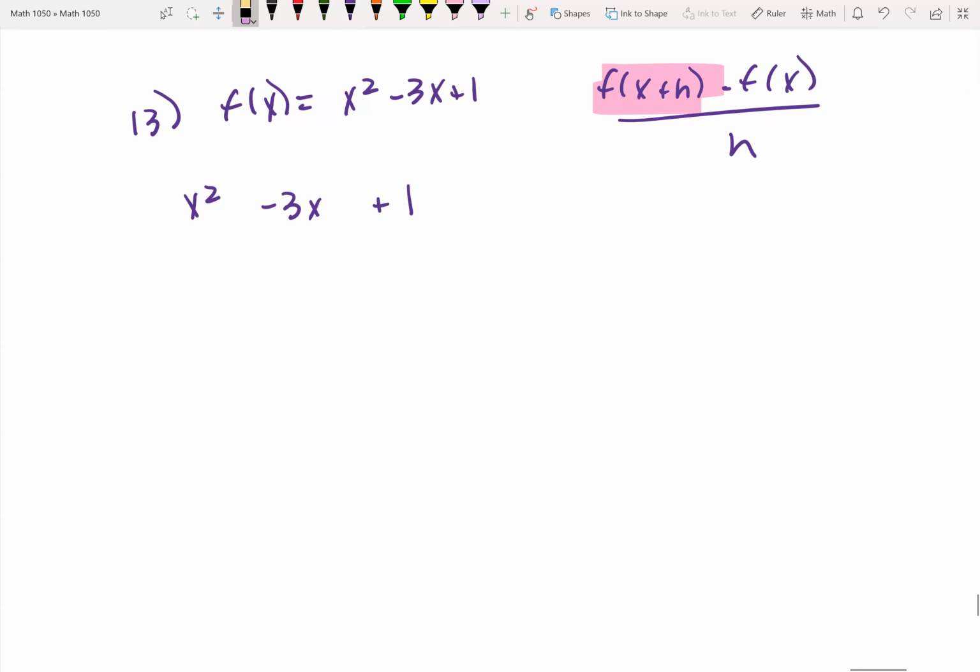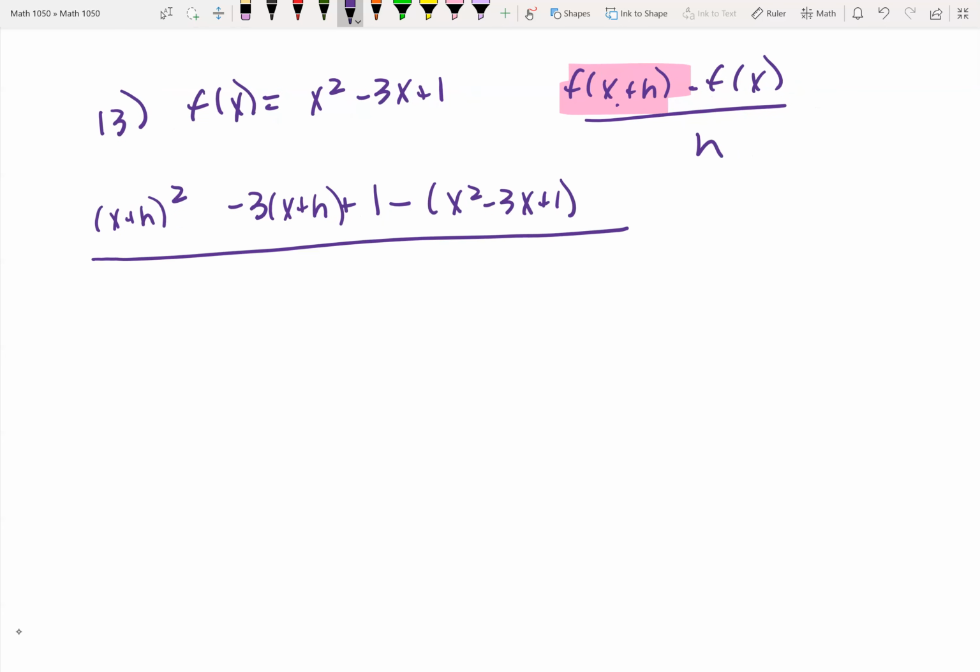Take this x and erase it, and this x. Every x has to go, and you replace it with x plus h. So it looks like that. So what I have here is that pink stuff right there, okay? Then you have to subtract the original, and then you divide it by h, okay?